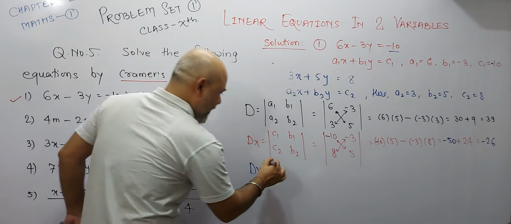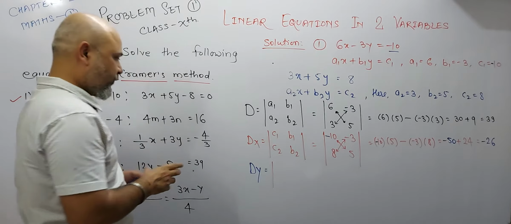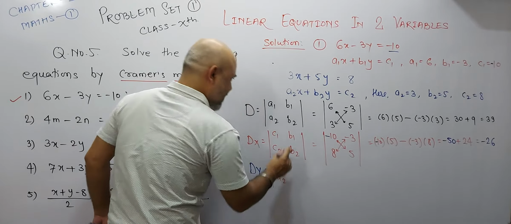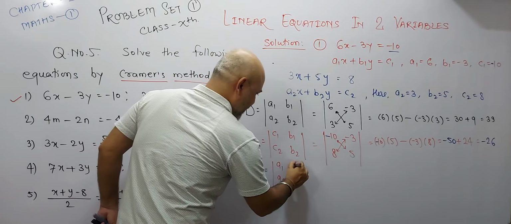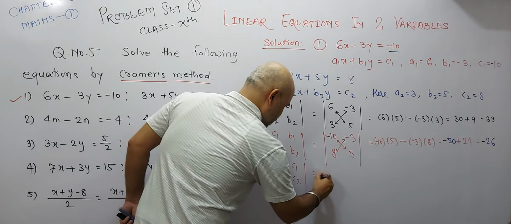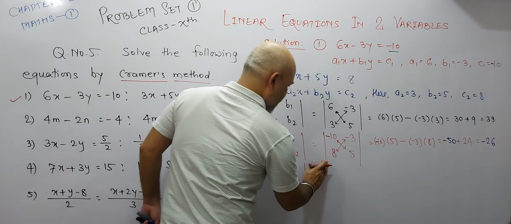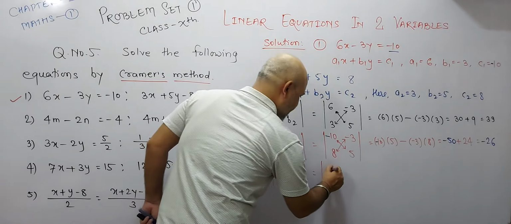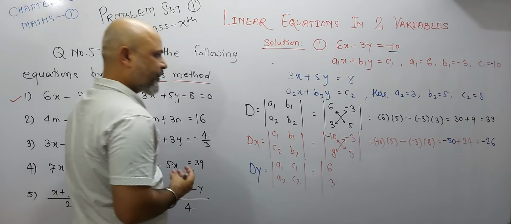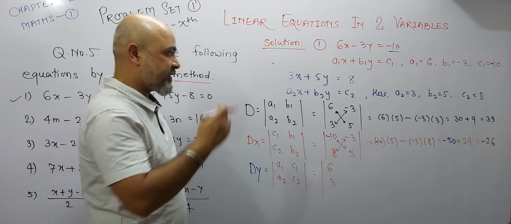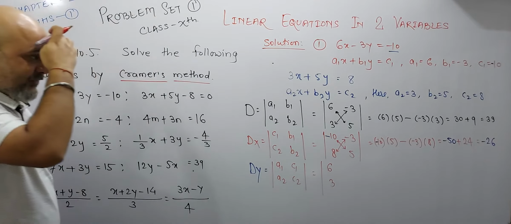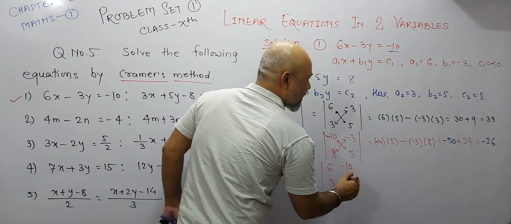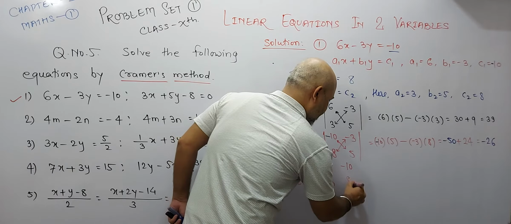Now we find the value of Dy. When you calculate Dy, a1, a2 will be as it is, and b1 and b2 are replaced by c1 and c2. So what is a1, a2? A1 is 6 and a2 is 3. What is c1 and c2? c1 is minus 10 and c2 is 8.